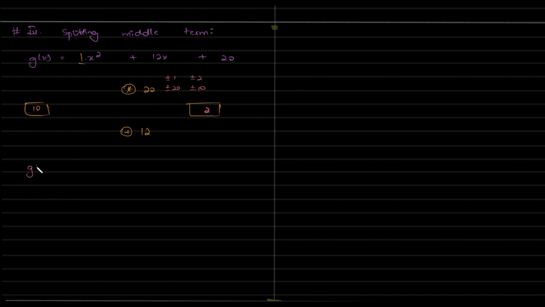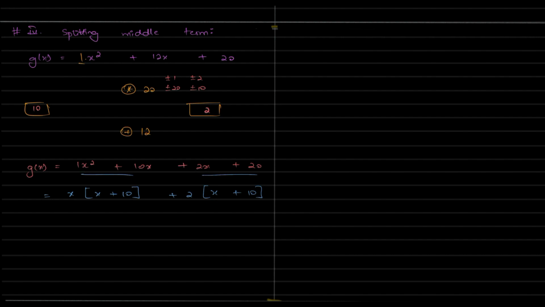So done. g of x is equal to 1x square plus 10x plus 2x plus 20. Between these two, what is common? x is common over here, x plus 10. Plus 2 is common, we'll be left with x plus 10 again.